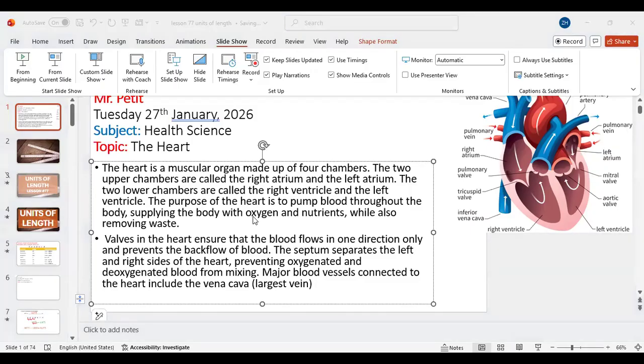So when the blood passes through the lungs, the lungs are going to give the blood oxygen, and it's also going to do a gas exchange in the alveoli of the lungs. So she made a very good point.